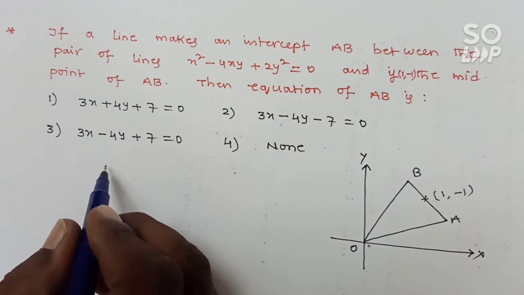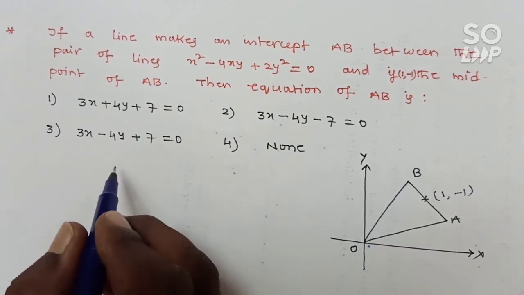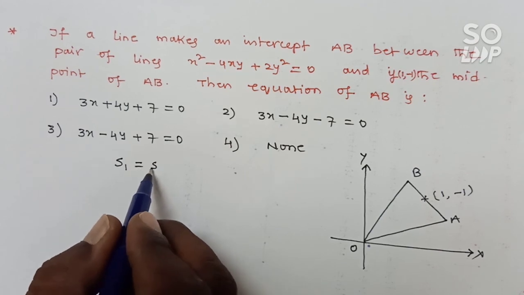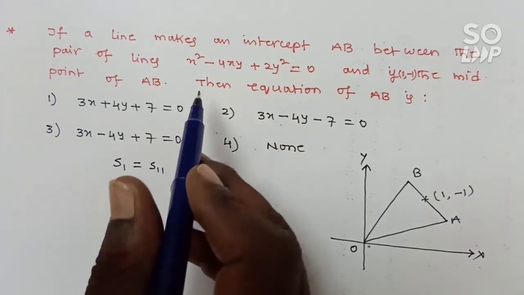What is the formula for the third side when the midpoint is given? S1 is equal to S11. Okay, what is meant by S?